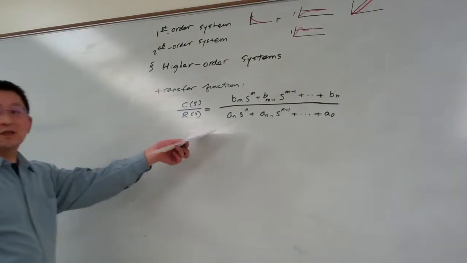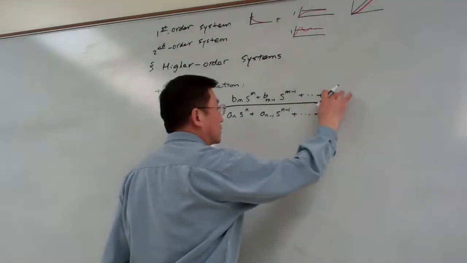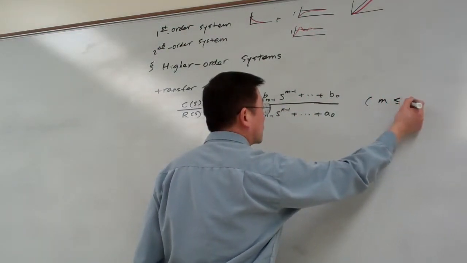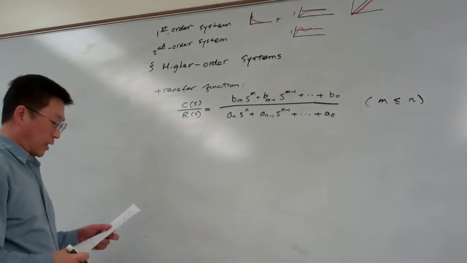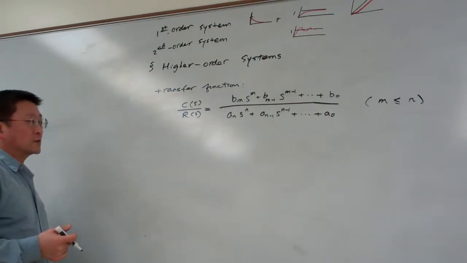Here you can see I begin to write down a very generic form. And here usually we assume m is less than or equal to n, and most of the time it's less than n, for practical systems.